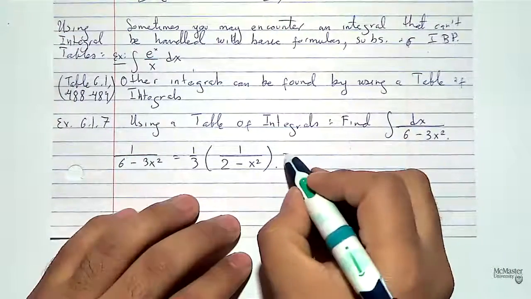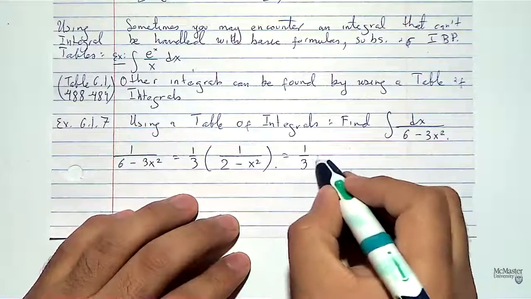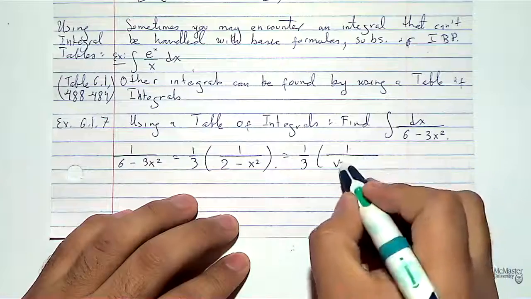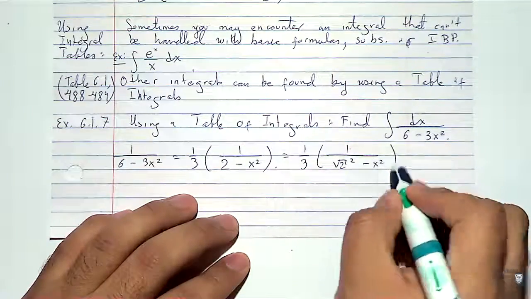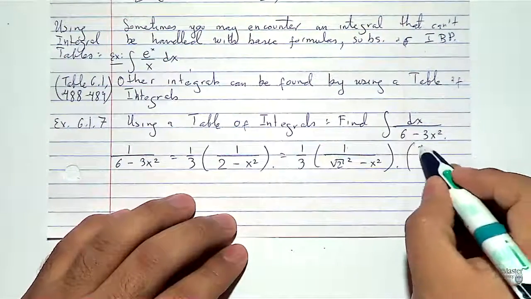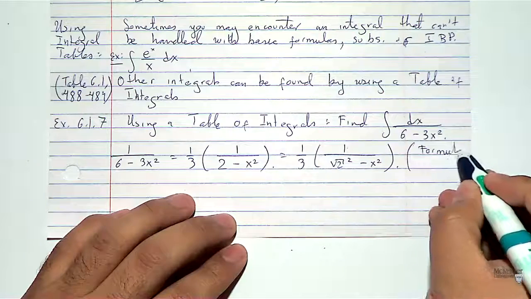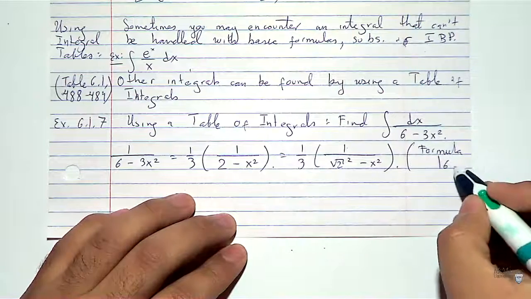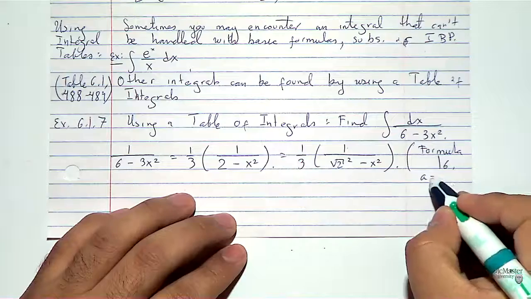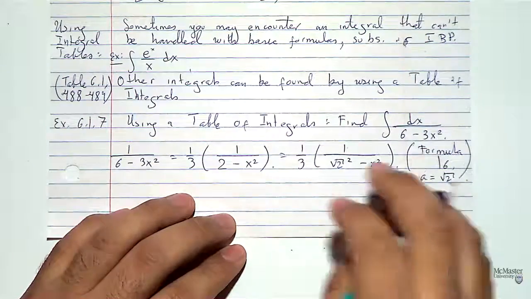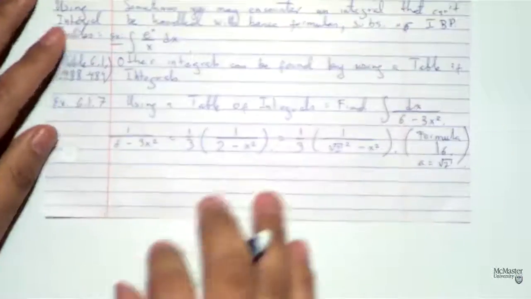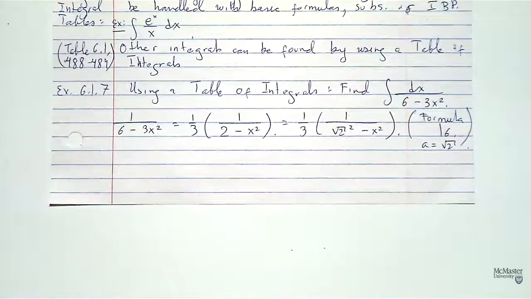So this could be put in the form 1/3 times 1 over the square root of 2 squared minus x squared. And there is a formula related to that, which is formula 16, where you have something of the form a equal to square root of 2. And it just would be basically applying that formula. That's the whole idea.